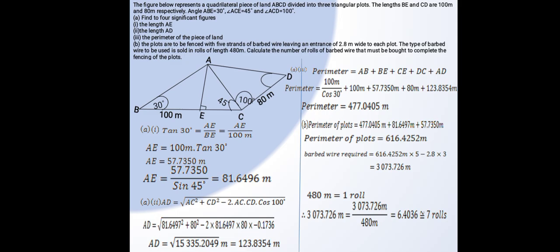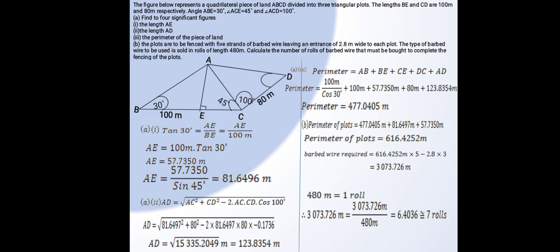Find to four significant figures the length AE, the length AD, and the perimeter of the piece of land. Lastly, the plots are to be fenced with 5 strands of barbed wire, leaving an entrance of 2.8 meters wide to each plot. The barbed wire is sold in rolls of 480 meters. Calculate the number of rolls of barbed wire that must be bought to complete the fencing of the plots.